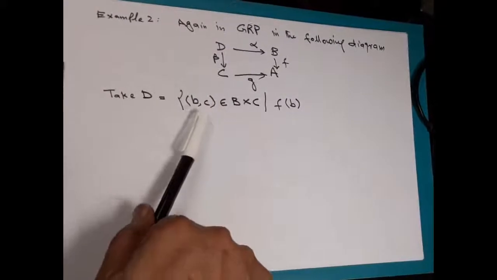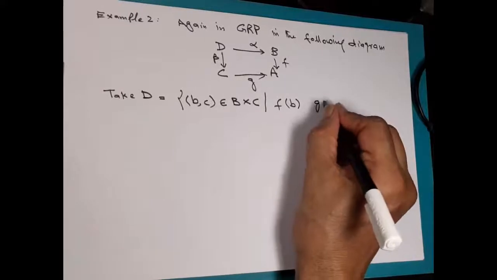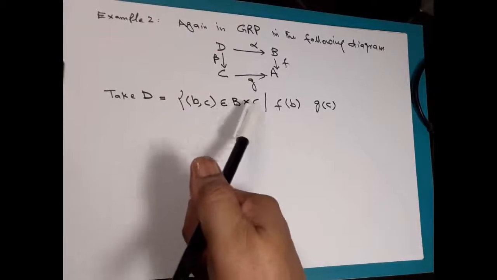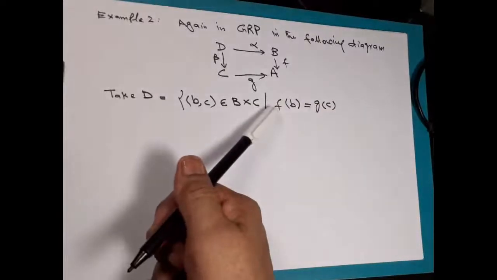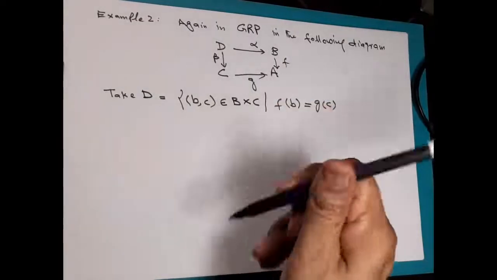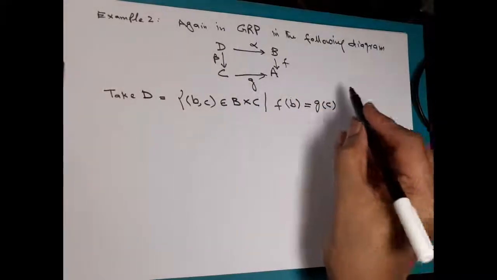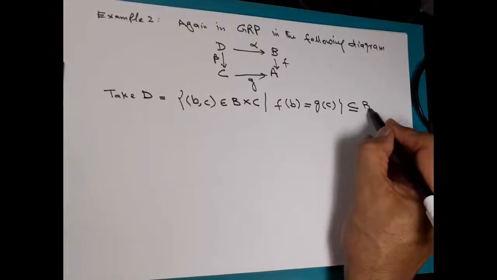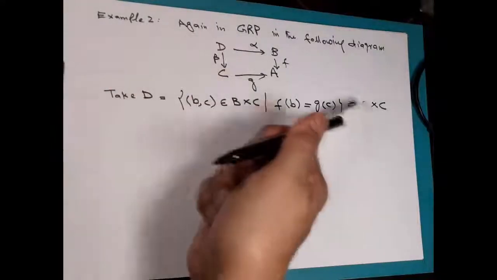Then c is an element of capital C, so G is going to act on c. So we are going to take those ordered pairs from B cross C for which F(b) and G(c) are equal. Note that F(b) and G(c) both are elements of A. And you can see that this is a subset of B cross C.